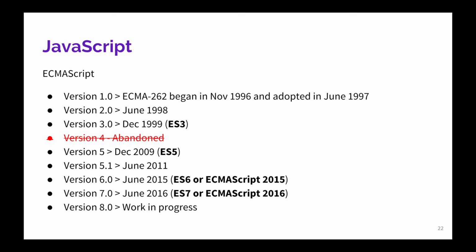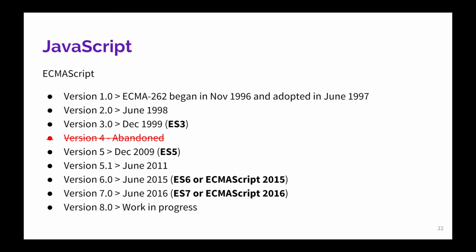Then in June 2015, this ES6 was adopted, standardized. Then from there, they thought that every year they would standardize ECMAScript. Now it is going to be yearly based. In June 2017, it's going to be ES8.